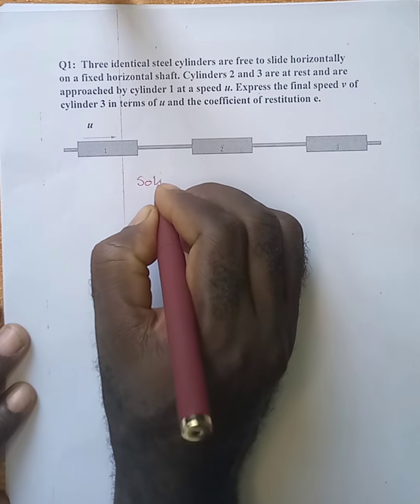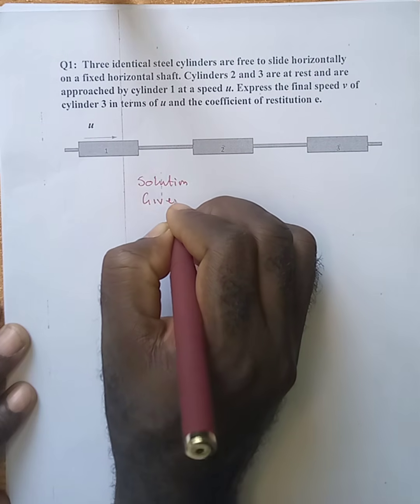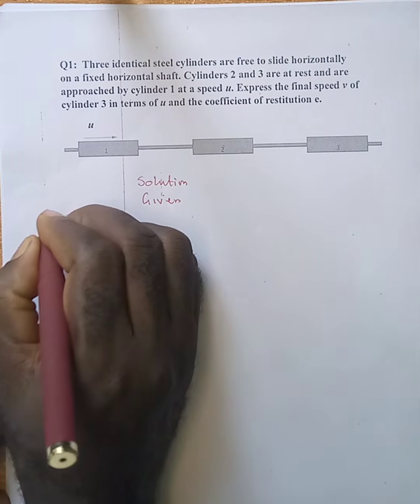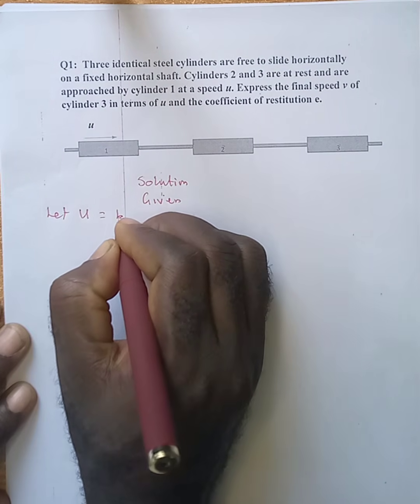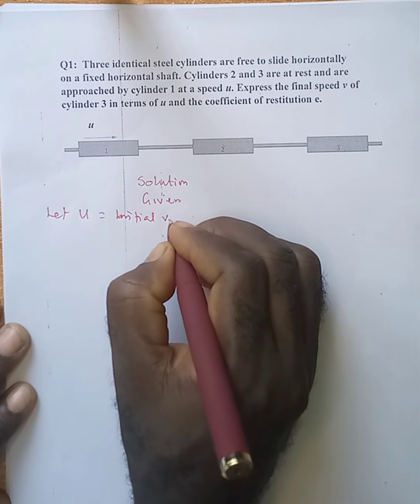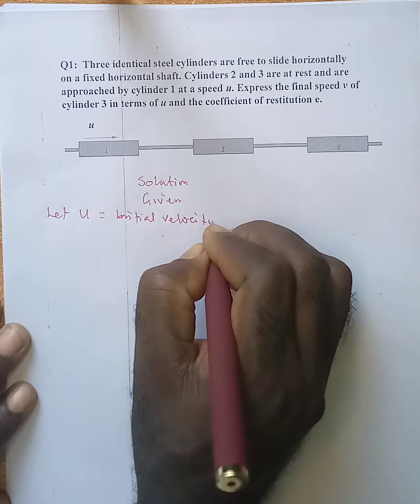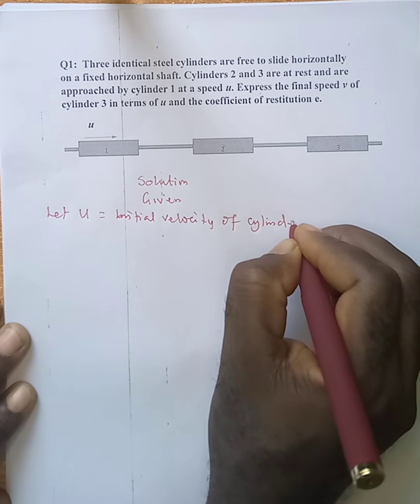Our given. Let u1 be the initial velocity of cylinder 1.